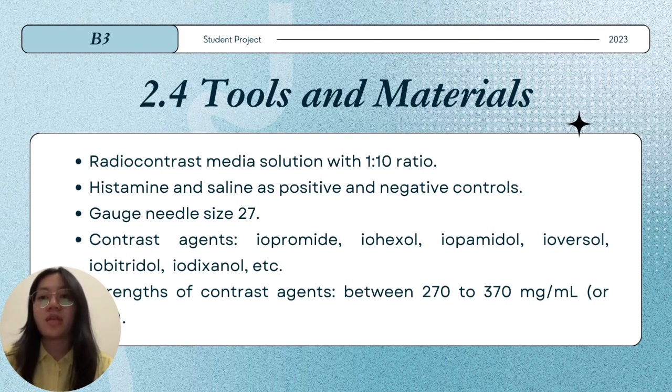Several contrast agents that can be used in examination are iopromide, iohexol, iopamidol, and so on. And the strength can be adjusted to suit the needs, with ratio 1 to 10 and estimate between 270 and 370 milligram per milliliter.